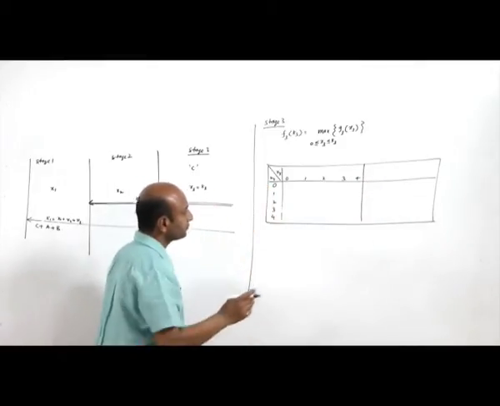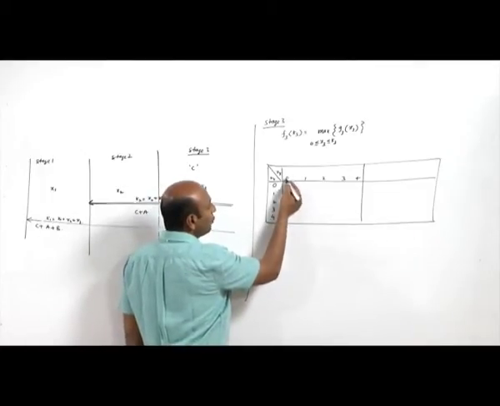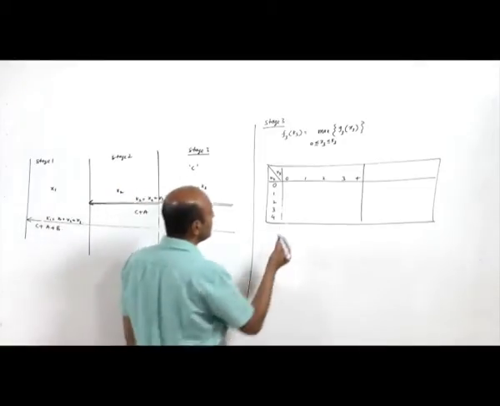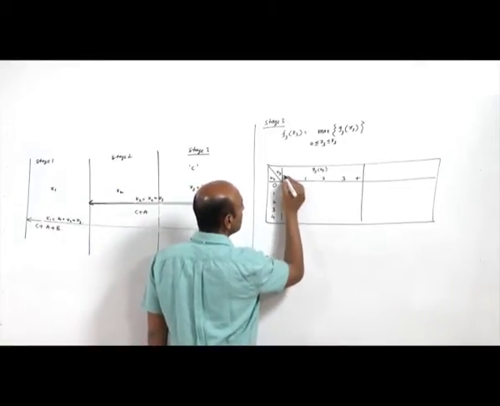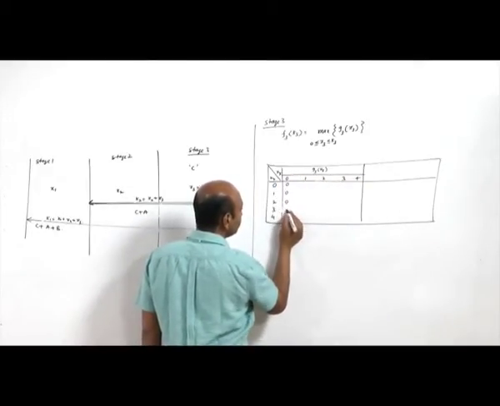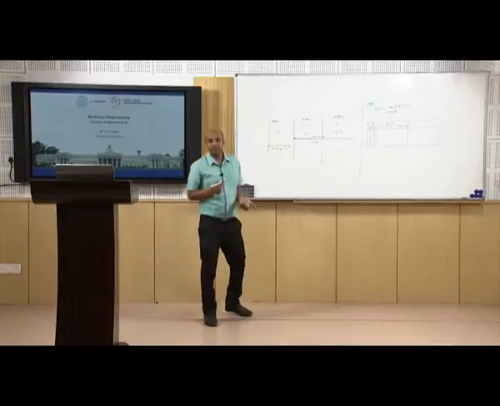Now if no unit is available, of course the return G3 X3 will be 0, if no capital is available.